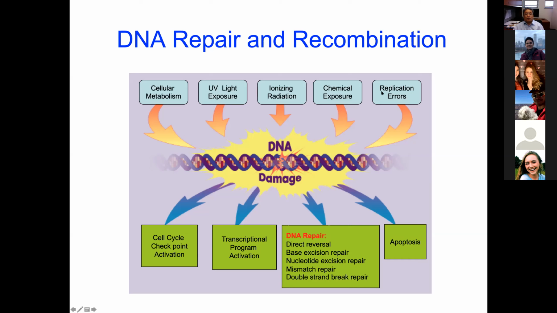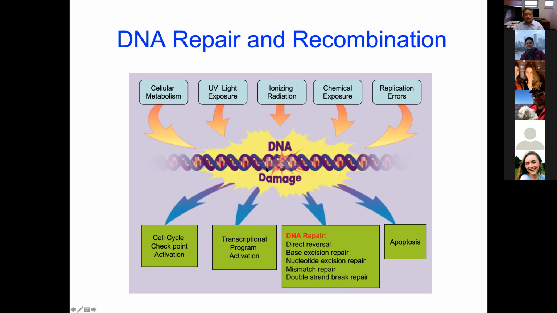Here you see some of the potential causes of DNA damage. For example, chemicals. We are constantly exposed to thousands of kinds of man-made chemicals, and a lot of them can cause DNA damage. Also, we are constantly exposed to various kinds of radiation, for example, ionizing radiation from the universe, and the ultraviolet radiation from the sun.